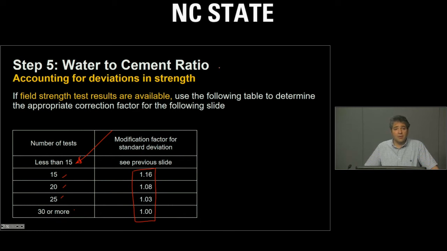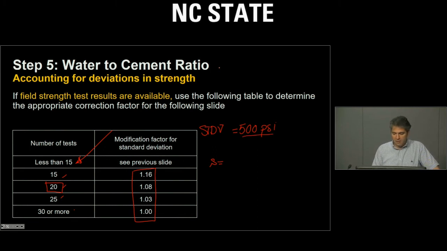And after we get that standard deviation, we multiply that by this correction factor. For example, if the concrete producer tells us that standard deviation is equal to 500 psi, we will use a factor S that is corrected with one of these factors. Let's assume that they tell us they have 20 test data available and their standard deviation is 500 psi.